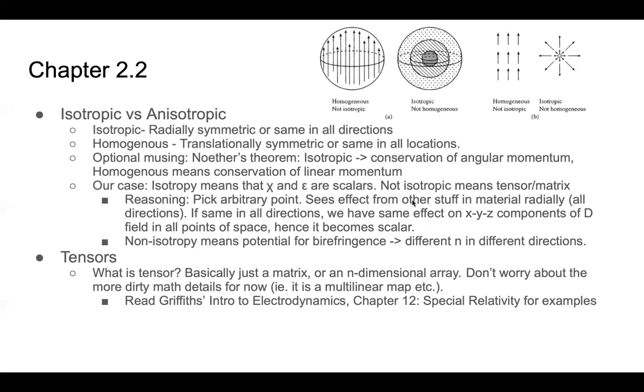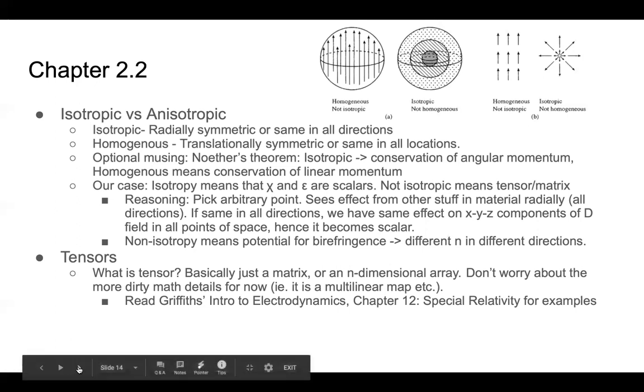Because in the tensor case, where it's not isotropic, we see that the first row basically gives you how the field will affect the polarization for the x component. Let me go to the next slide.